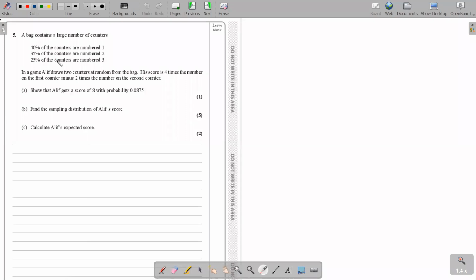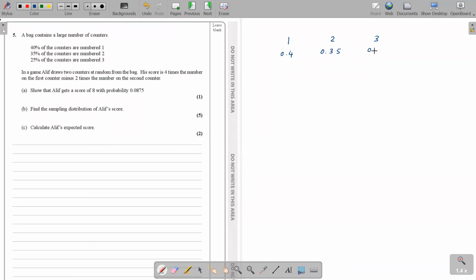Question number 5. A bag contains a large number of counters. 40% of the counters are numbered 1. 35% of the counters are numbered 2. 25% of the counters are numbered 3. Okay, are you with me? So with the variable, there's 1, 2, and 3. Probability of 1 is 40%, 0.4. Probability of 2 is 0.35.